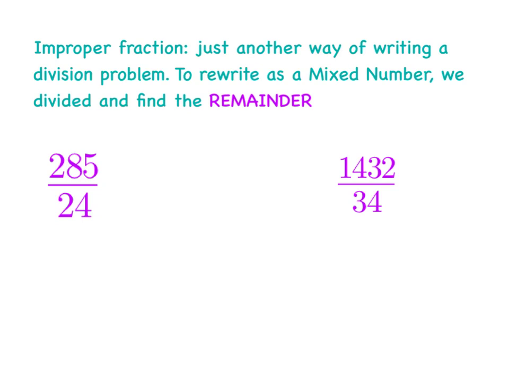So if we factor a 3 out of 285, what do you think is going to be left? How many times does 3 go into 28? What's the closest we can get? 9 times, yep. And what is 3 times 9? 27.